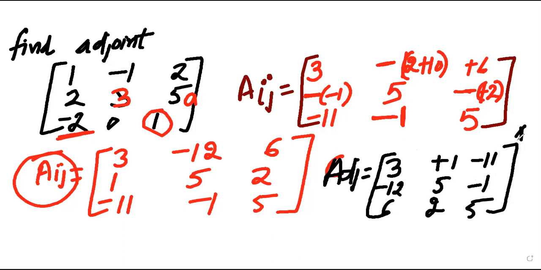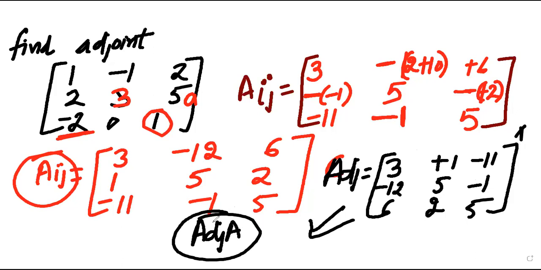Okay, so when we do this, that will give you the value of the adjoint. Is it clear to all how to find the adjoint, or any doubt is there? Tell me fast, friends.